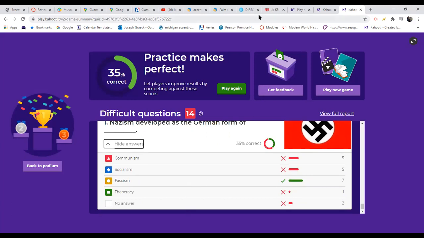German form of fascism. So from last week, and you saw this in your Aeries if you checked last night, the three assignments from last week started showing up.